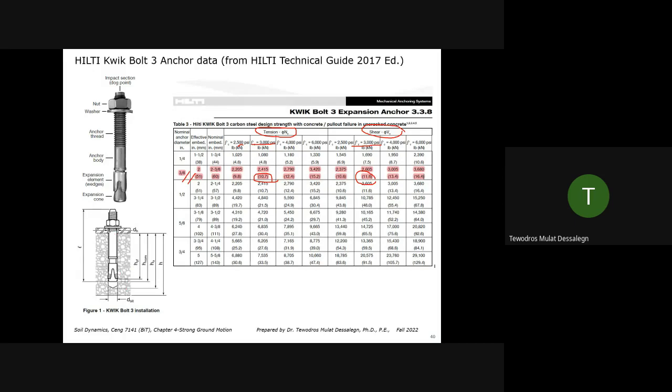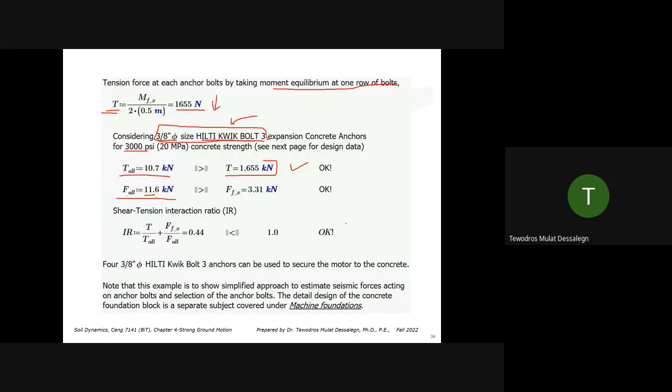Usually you can drill and insert it, then torque it to achieve, and it expands. It works by expansion. You see the design here is you drill a hole, you insert the entire thing, and when you torque it finally, this thing expands. That's why they call it expansion anchor. So these are the allowable values from there. Compare your allowable value to the design forces. It's much larger, so you're okay.